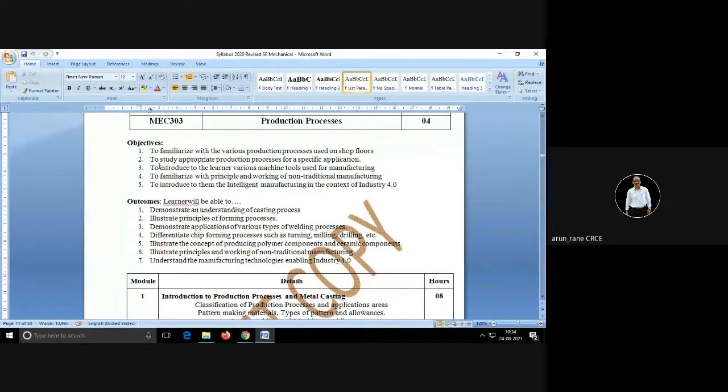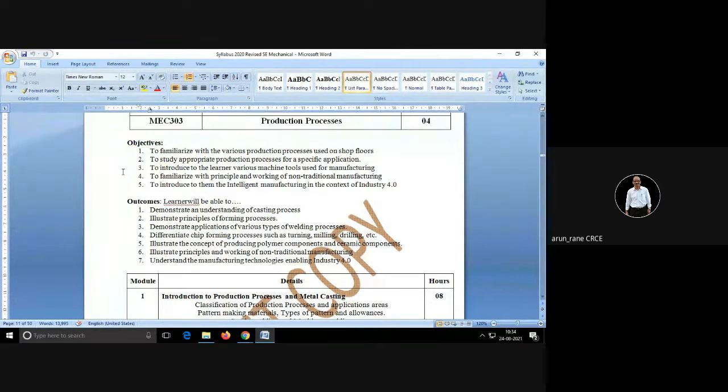In every course, it has some objectives and it has outcomes also. So you must know what are course objectives and what are course outcomes. We call it COPO. CO is nothing but course outcomes and PO is nothing but program outcomes.